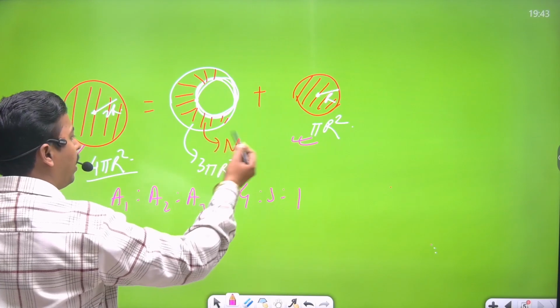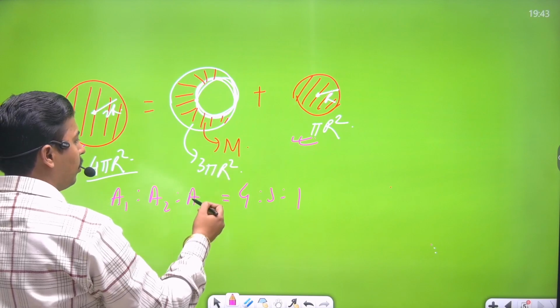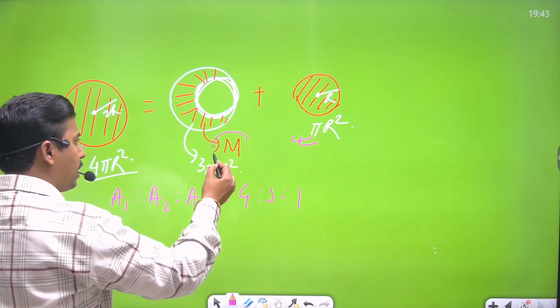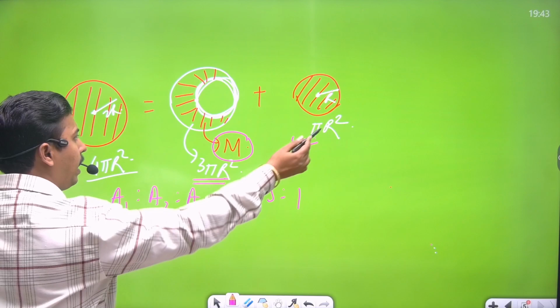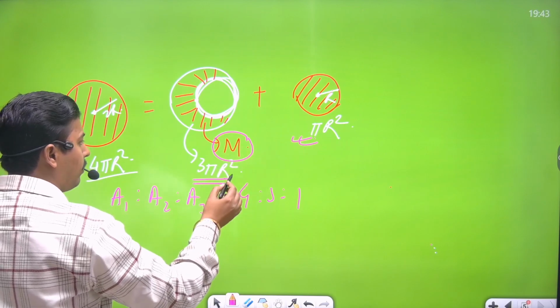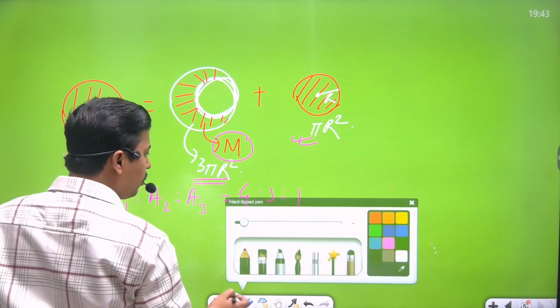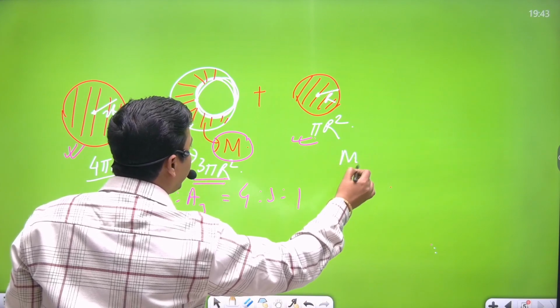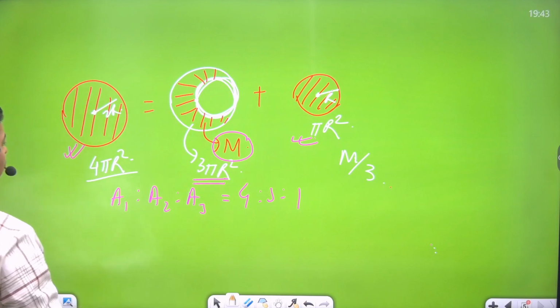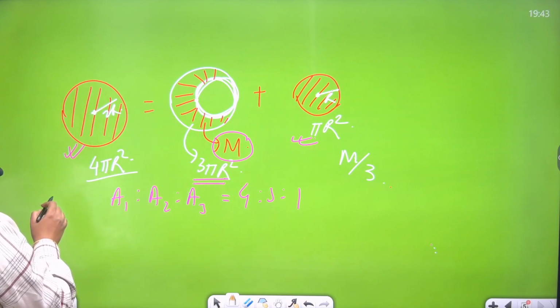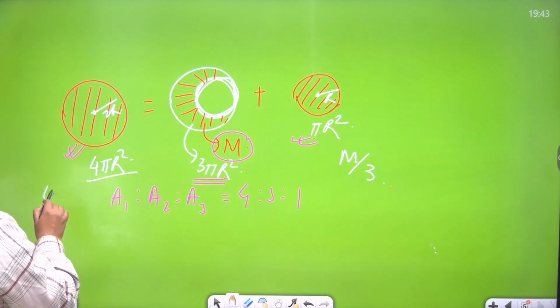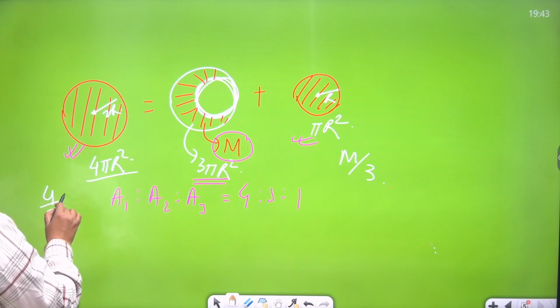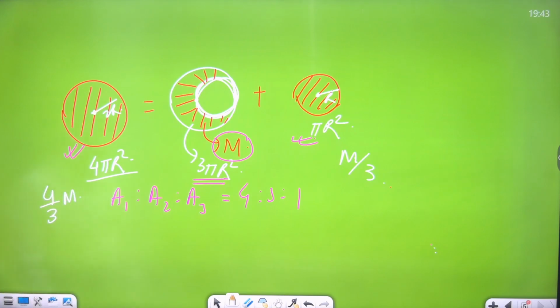This has the mass 3 times that of the smaller cavity, so if this has the mass m, the cavity's mass will be m by 3, and the original's mass will be 4 by 3 m.